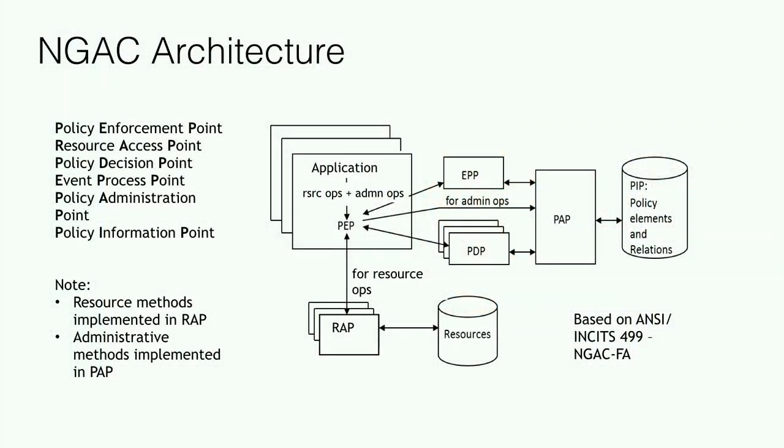So the architecture includes things like a policy enforcement point, policy decision point, but essentially a request comes from a client and gets trapped by the PEP. The PEP takes that request and submits it to a policy decision point for computing a decision.